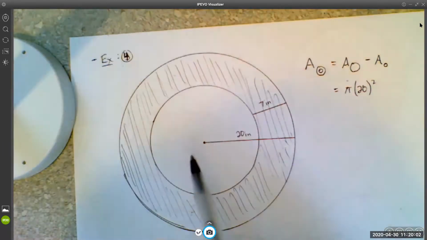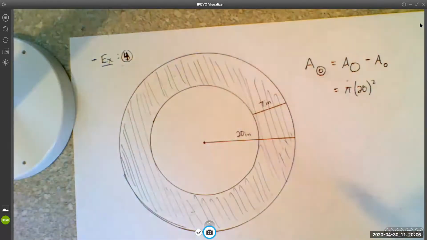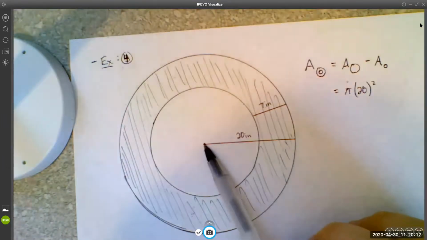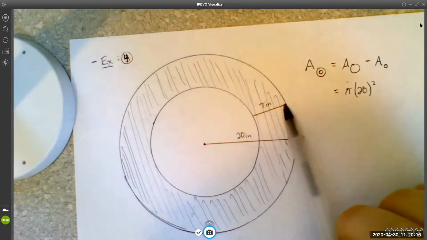For the small circle, that might be a little more difficult. Well, maybe it's not terribly difficult, but it does require us to do a little bit of scratch work. If we know that this radius is 20 inches and this distance is 7, what we're looking for is the radius of the small circle.